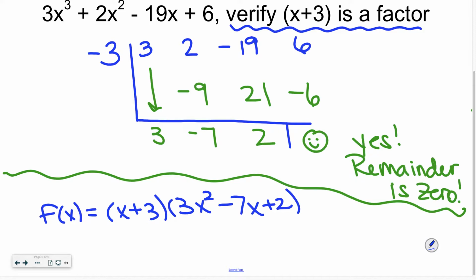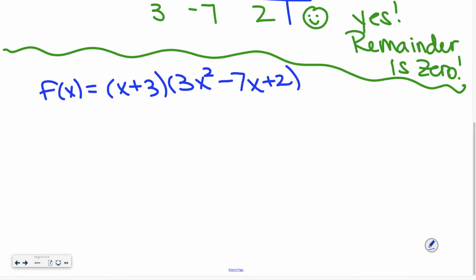Well, if I'm eventually needing to find the rest of my zeros, could we do that? Yeah, we could.